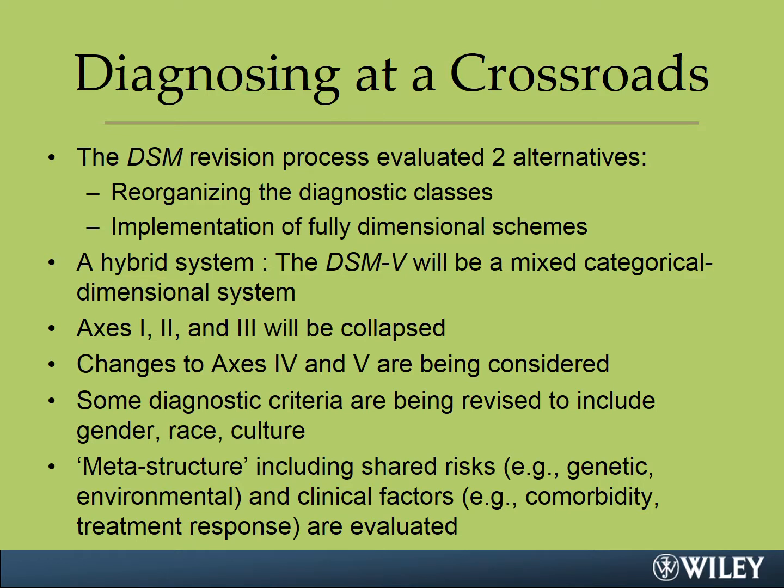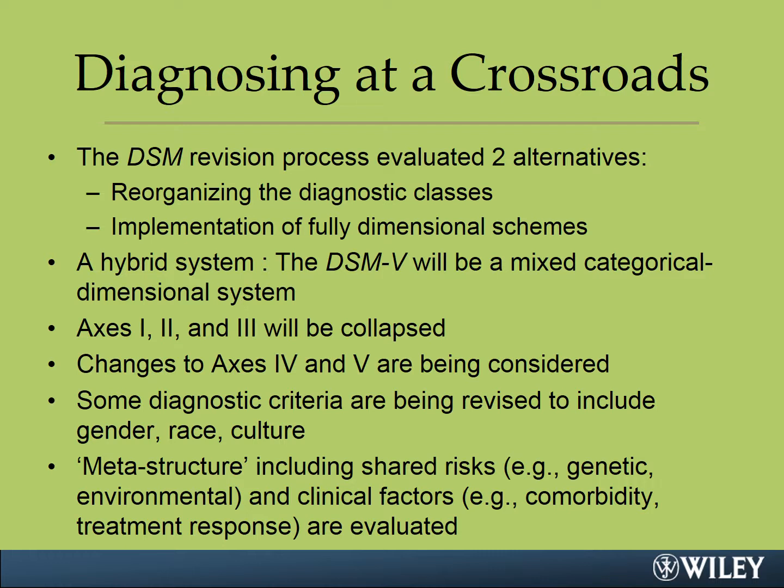Diagnosing at a crossroads. The DSM revision process evaluated 2 alternatives: reorganizing the diagnostic classes, and implementation of fully dimensional schemes. A hybrid system: the DSM-5 will be a mixed categorical-dimensional system. Axes 1, 2, and 3 will be collapsed.